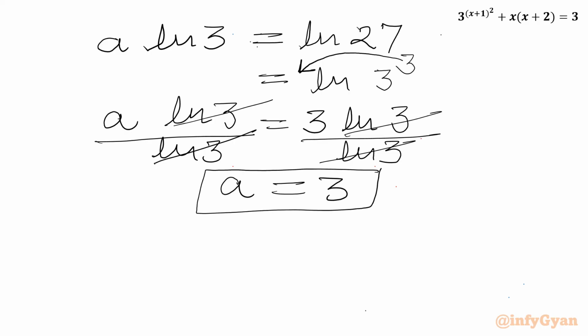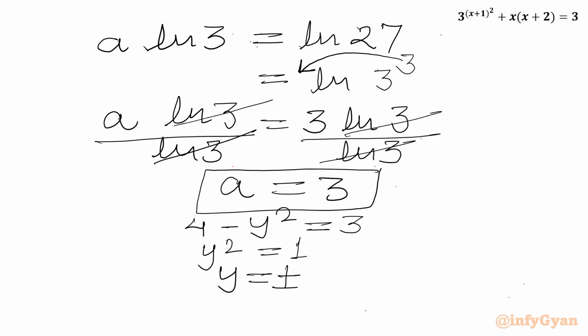Now a was our substitution. It was 4 minus y square. So I will write it equal to 3. So from here y square will be equal to 1, or y will be equal to plus minus 1. Now y was also our substitution. It was x plus 1. So I will write x plus 1 equal to plus minus 1.